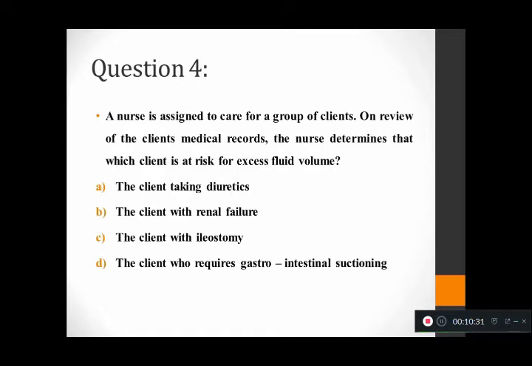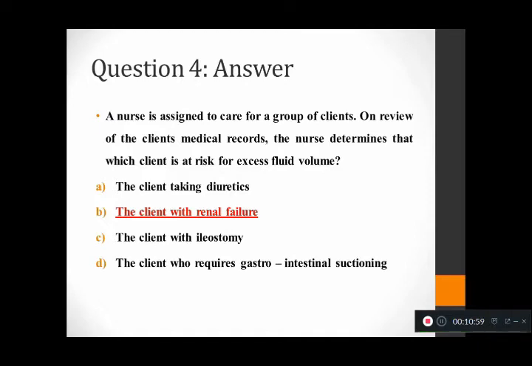But here the client taking diuretics, the client with ileostomy, and the client who requires gastrointestinal suctioning are at risk of deficient fluid volume. So what we need is the client at risk of excessive fluid volume. So the answer is the client with renal failure.